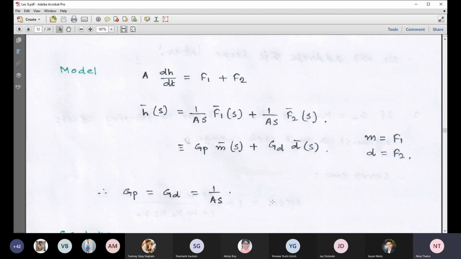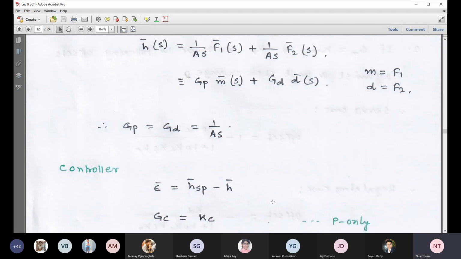Now let us come to the controller. Controller, you know, is a P only controller. I mean, we are considering only the proportional action. So naturally our controller is a P only controller.